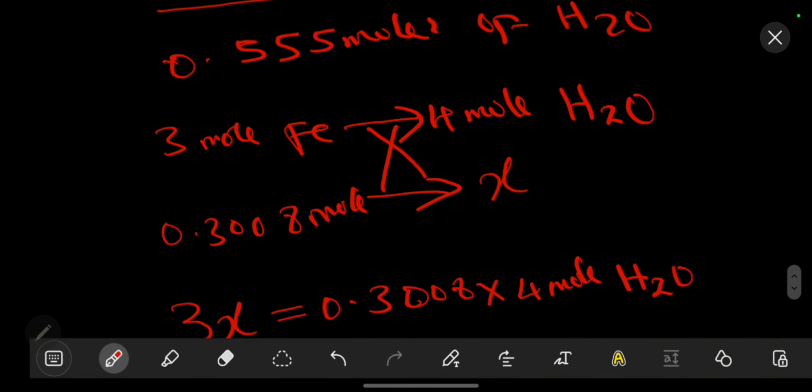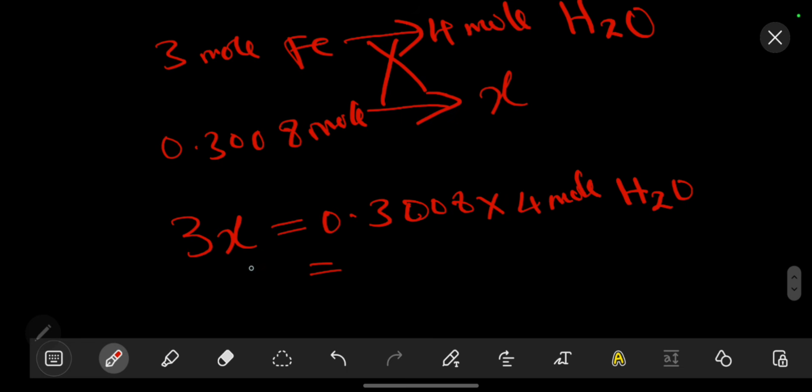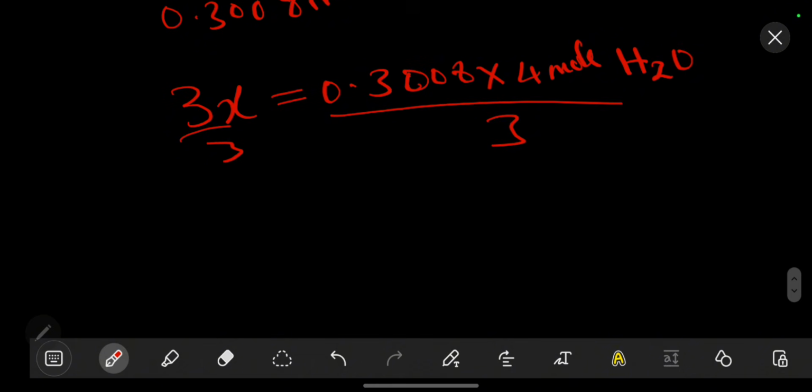So this tells you how much H2O the 0.3008 can react with. We divide over 3, so x is equal to 0.3008 times 4.